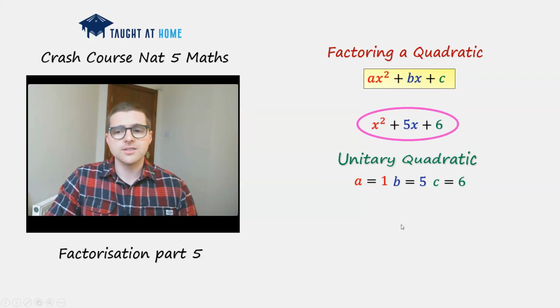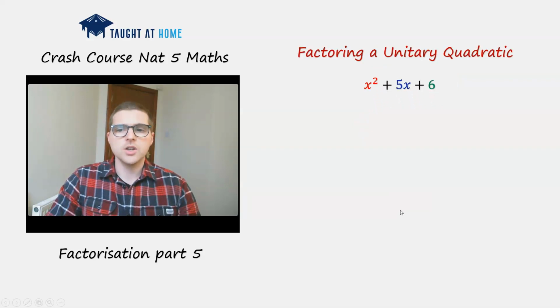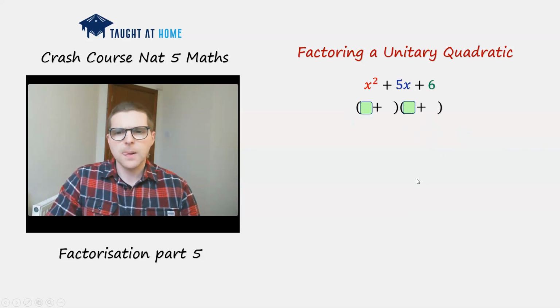So we're going to factorise this expression here. When we factorise a unitary quadratic such as this, what we want is a pair of brackets, because we're going to be multiplying each term with itself. The first term in both brackets is going to be x, because when we multiply these two together we're going to get the x squared term.